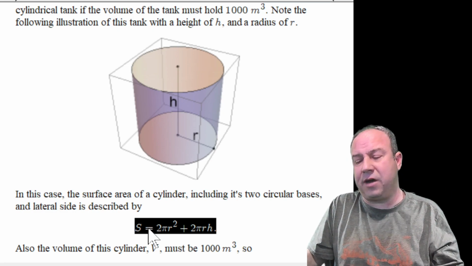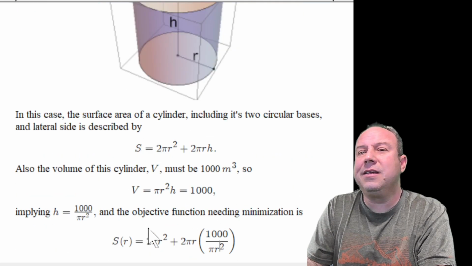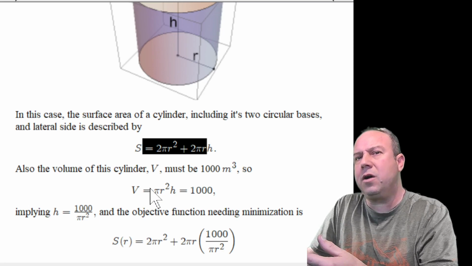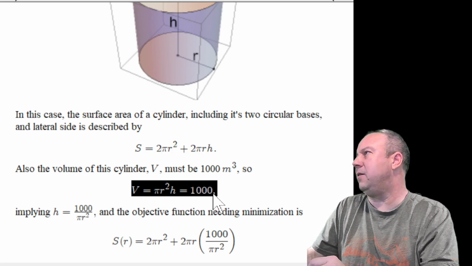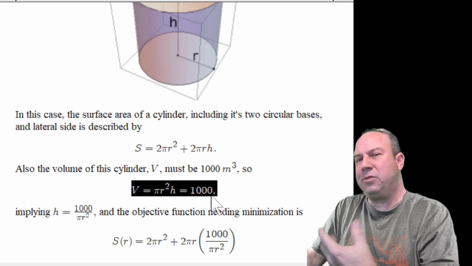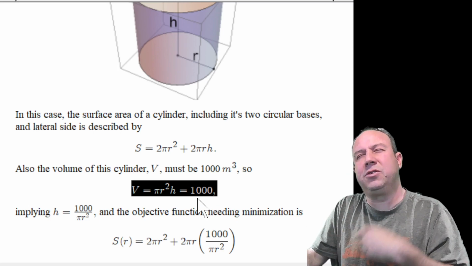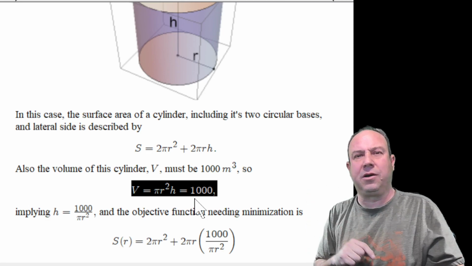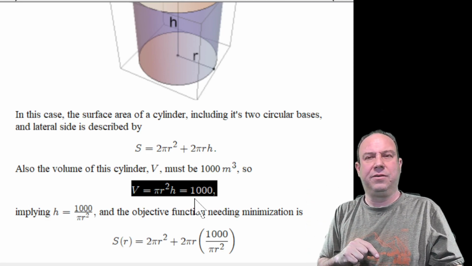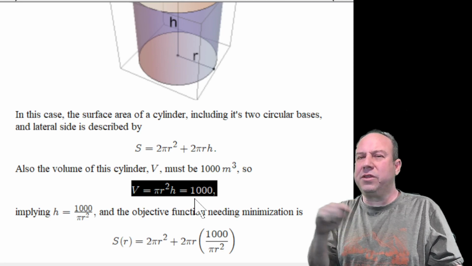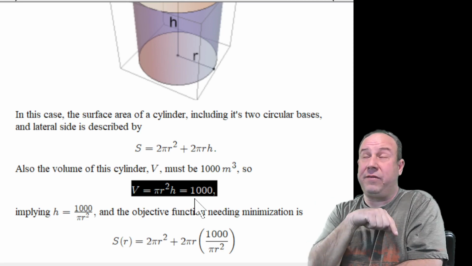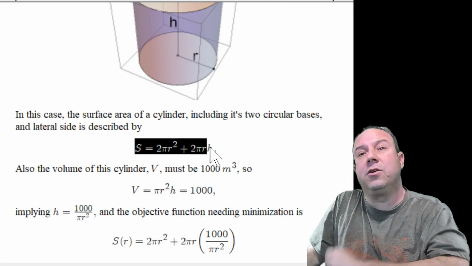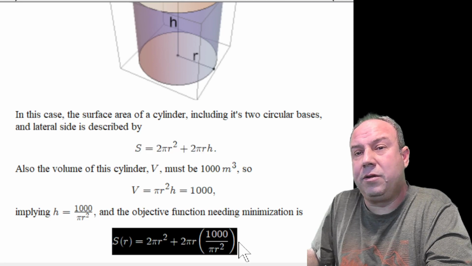That's our objective function. And to be able to work with minimizing it, we do have to write it in terms of one variable, where some constraint will certainly come in handy. And in optimization problems, you're going to be subject to a constraint. That's what causes the optimization to have to occur. So with the constraint, if you're given enough information, you can usually rewrite your objective function in terms of just one variable.